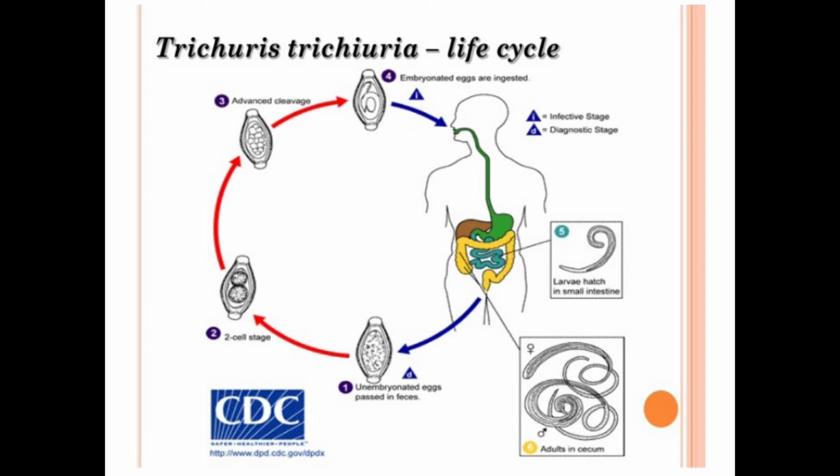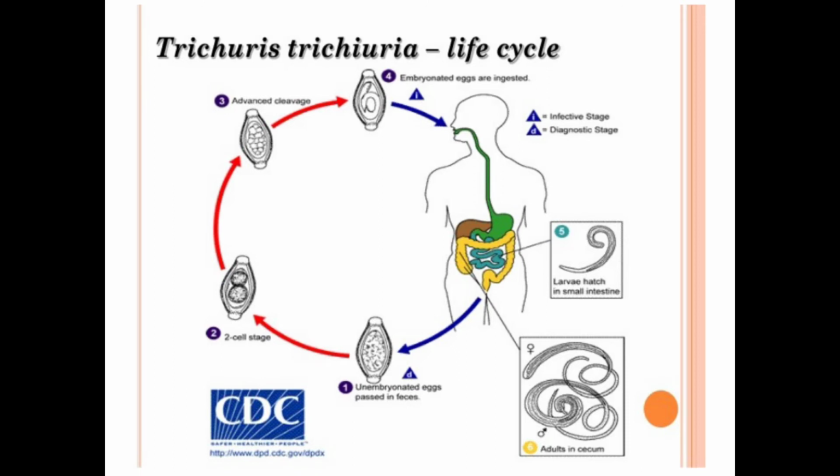The diagnostic stage is the unembryonated eggs passed in feces. That is the first stage. They then develop into an advanced cleavage stage from which they embryonate and become infective in 15 to 30 days.